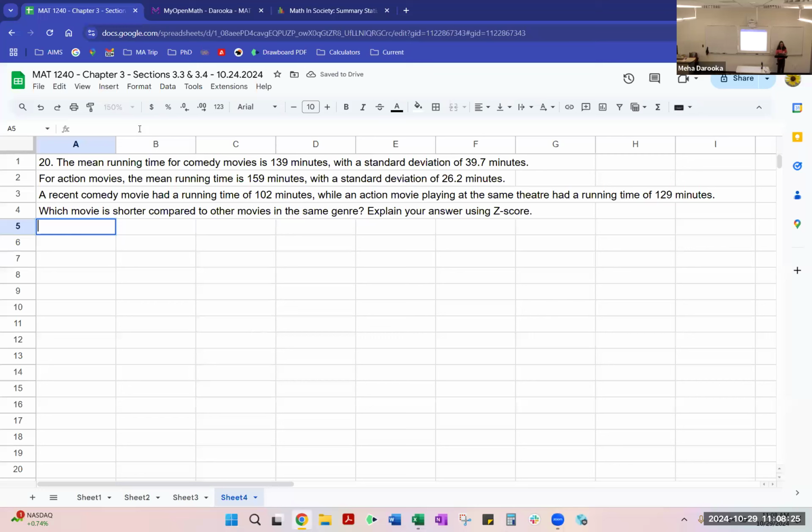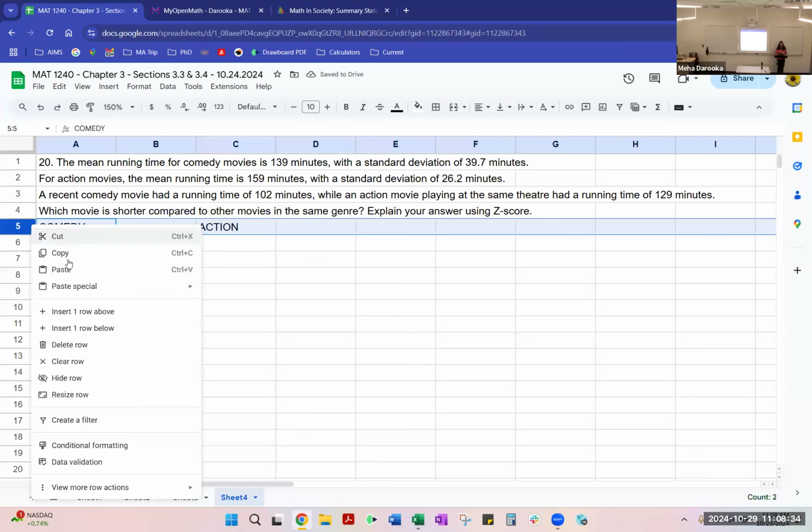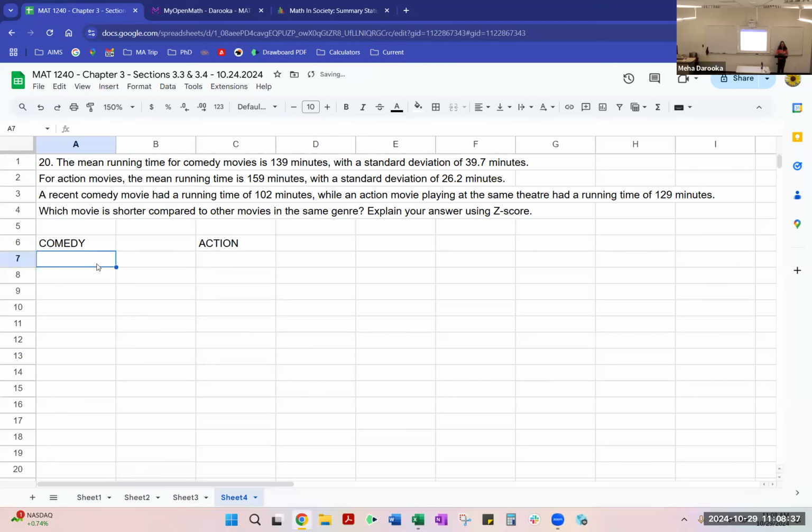So we are talking about two categories over here, comedy and action movies. They're telling us the mean for comedy was 139, and this is in minutes. For the action, it was 159, so they're running a little bit longer. The standard deviation for comedy was 39.7 minutes, and for action was 26.2.